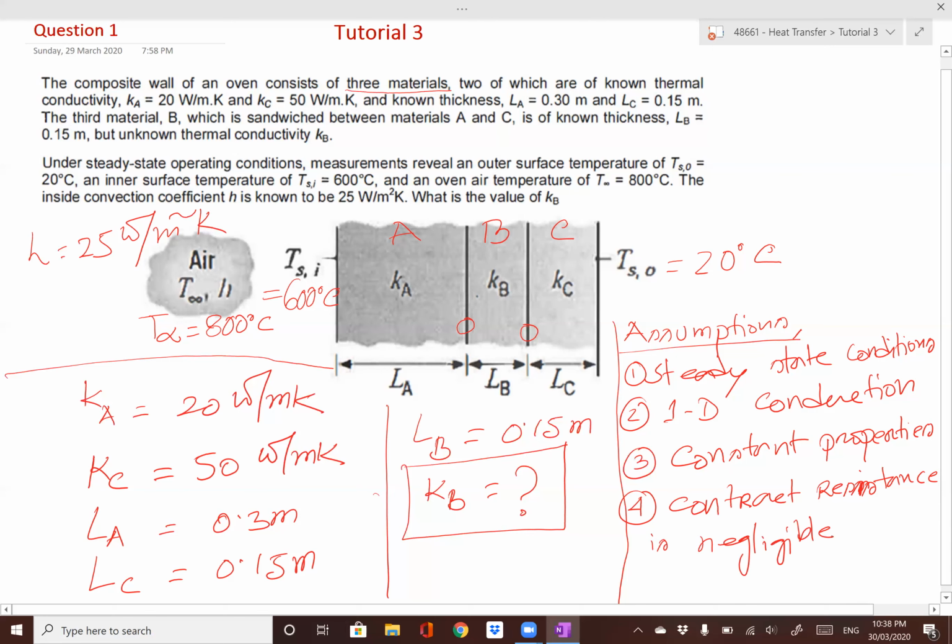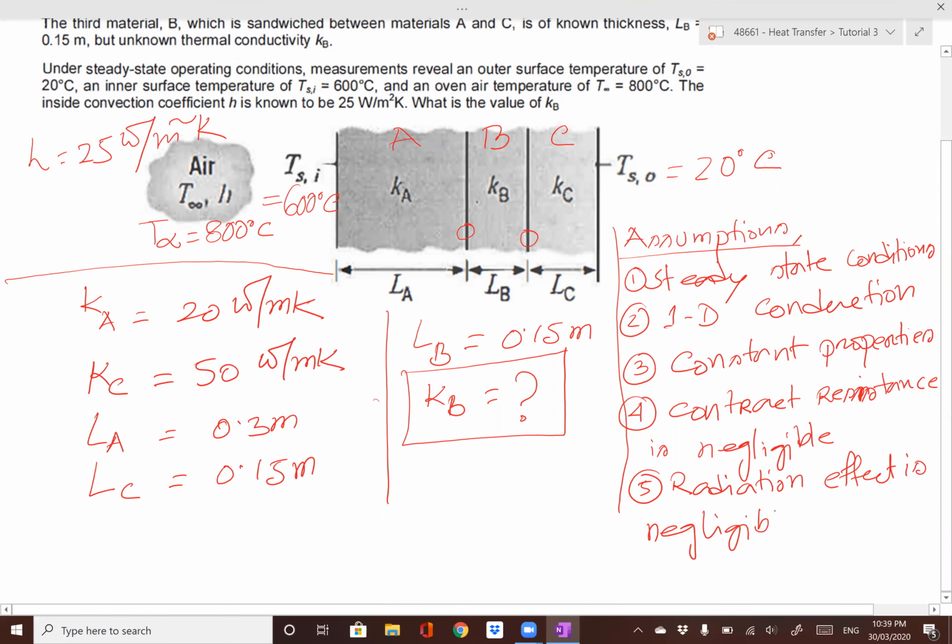And another, we will ignore the heat loss due to radiation, so the radiation effect is negligible. Okay, so these are the given parameters and these are the assumptions.